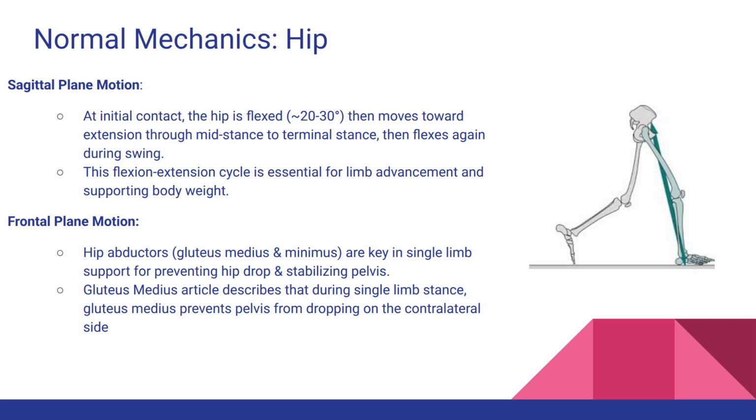From initial contact through loading response and into mid stance, the hip gradually extends. Peak hip extension occurs in terminal stance, typically around 10 to 15 degrees in normal gait.